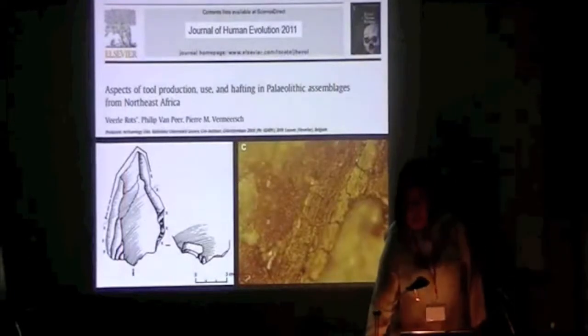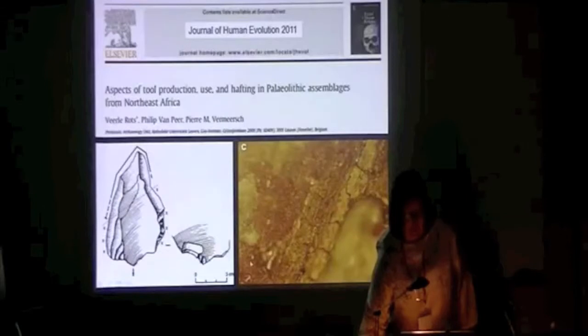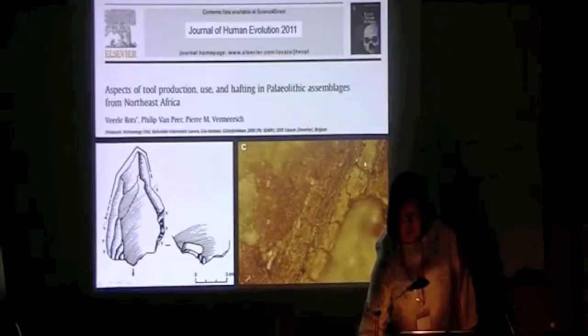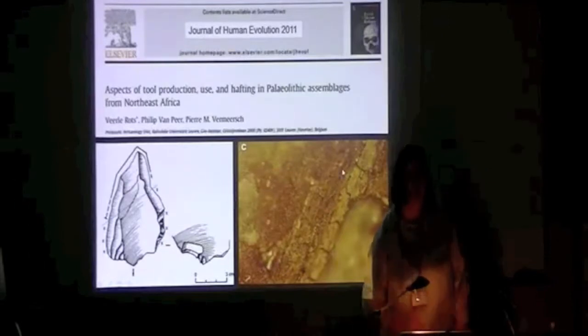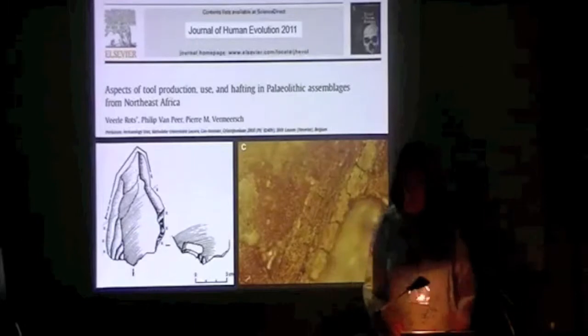And recently, they've also started to include residue work together with the use trace work. And here you can see a resinous residue and most probably an imprint of the plant twine that was used to bind this tool.